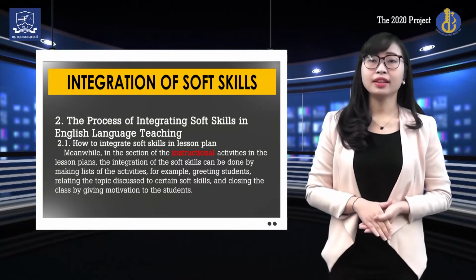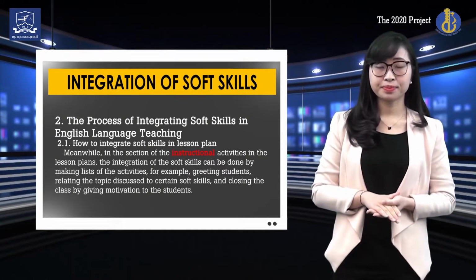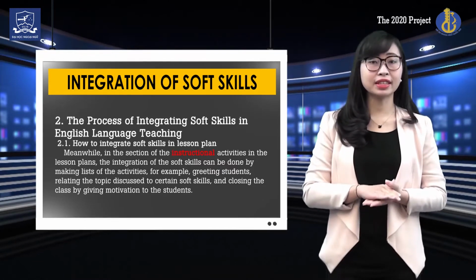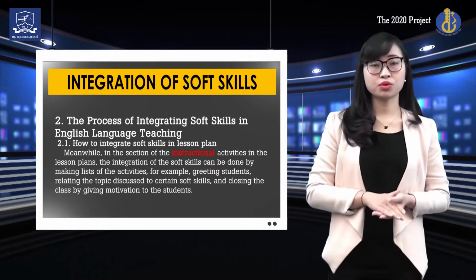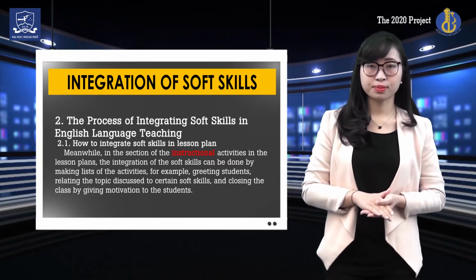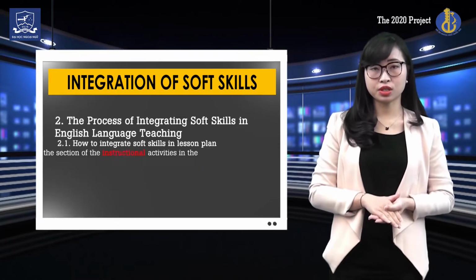Meanwhile, in the section of the instructional activities in the lesson plans, the integration of the soft skills can be done by making lists of the activities. For example, grading students, relating the topic discussed to certain soft skills, and closing the class by giving motivation to the students.